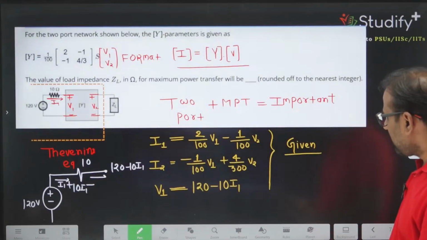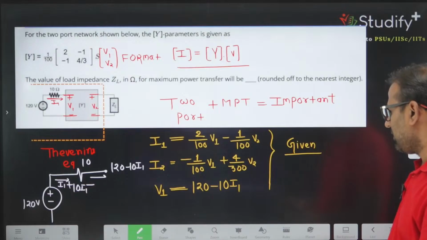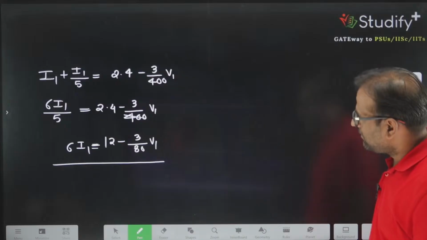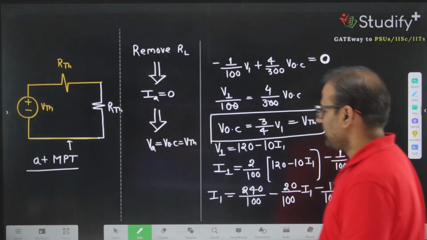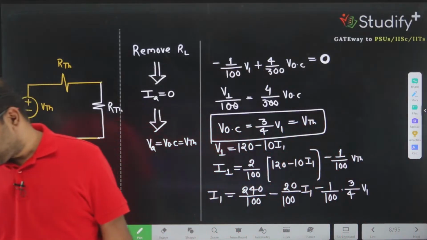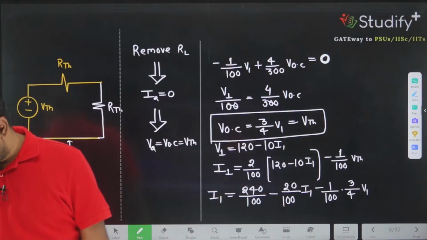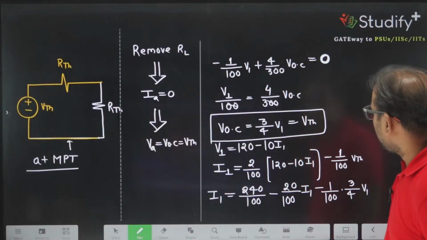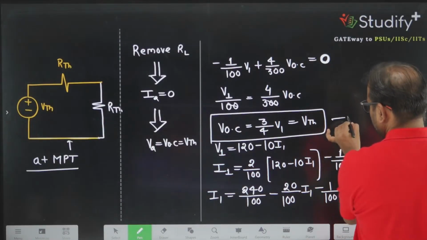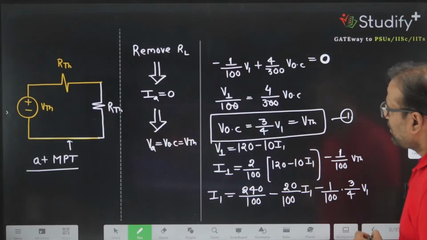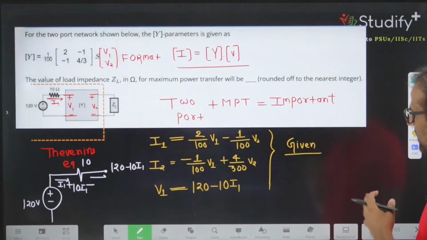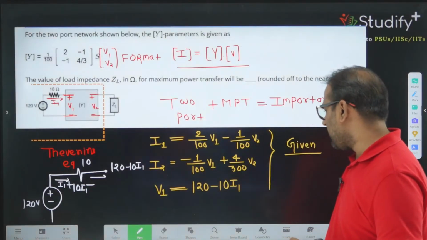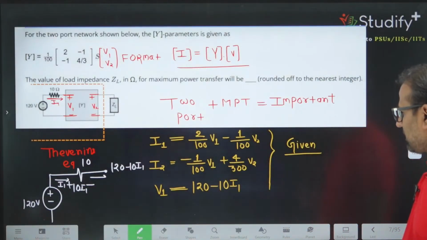Any other equation can help us to solve? Okay, this is equation number 1. What is the value of I2? The value of I2 is equivalent to 0. So one direct relationship we are having in this.